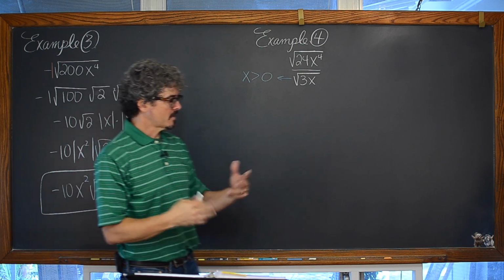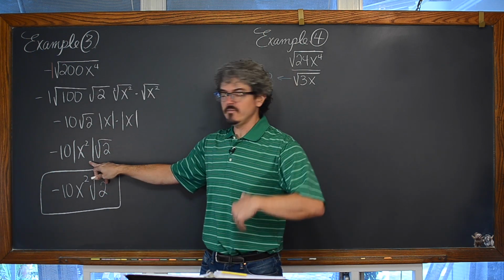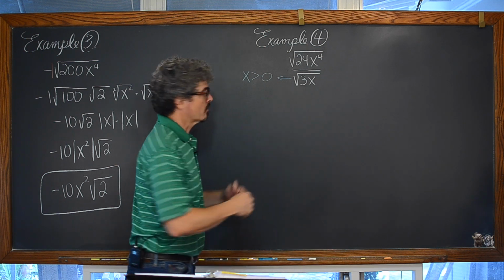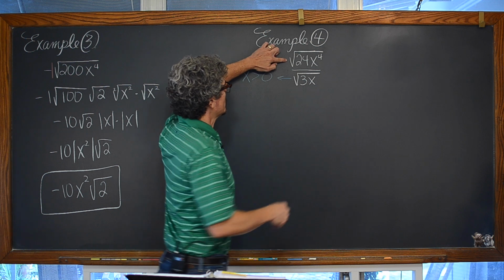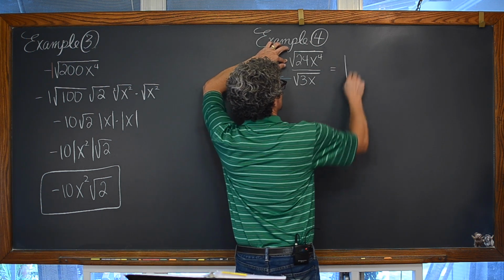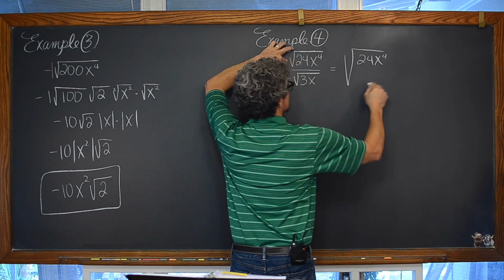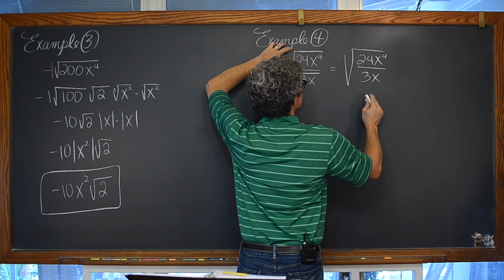So we're not going to need to leave any absolute value function symbols in our work as we work through this and write our final answer. So we're going to write this as the square root of 24 times x to the fourth over 3x.